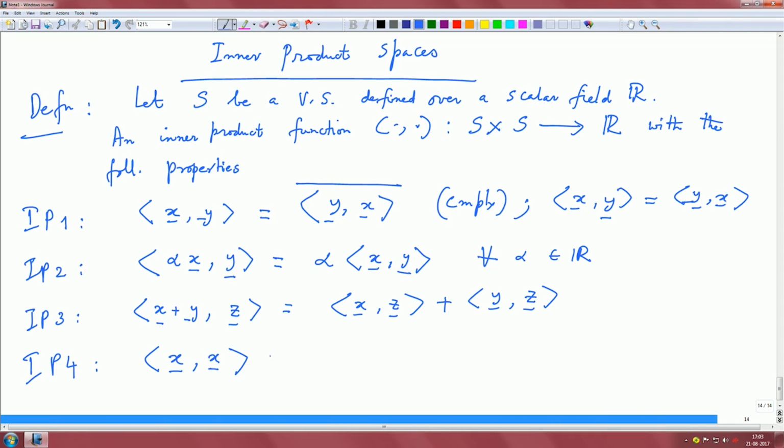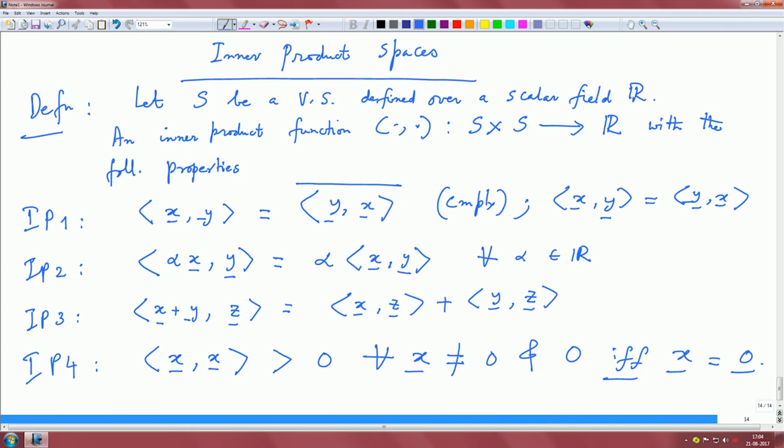The inner product of x with x is greater than 0 for all x not equal to 0, and equal to 0 only if x is the null vector, right. If all these conditions are satisfied, then this is the inner product function.